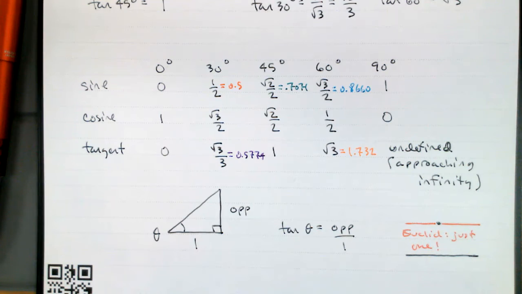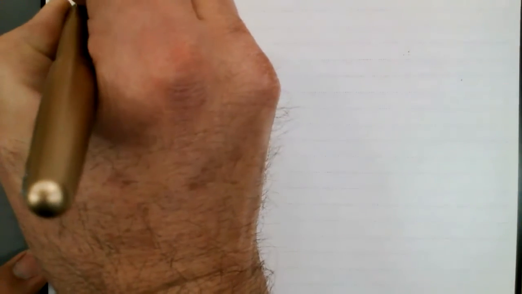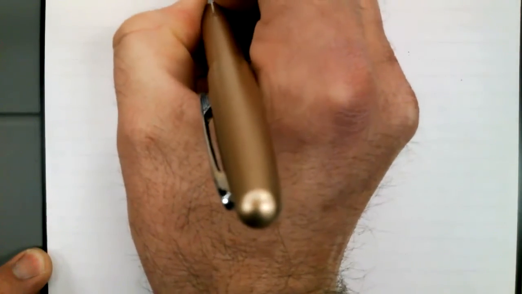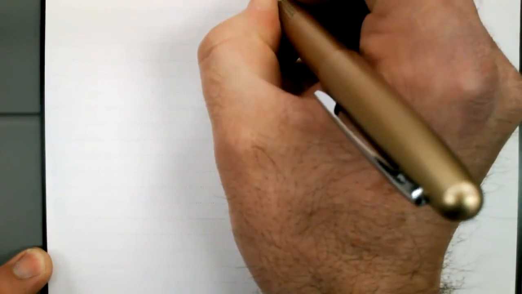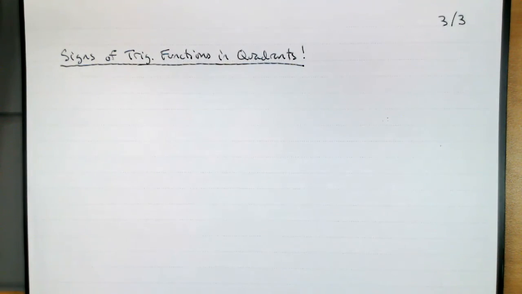Now all we have to do is learn signs of trig functions in different quadrants.